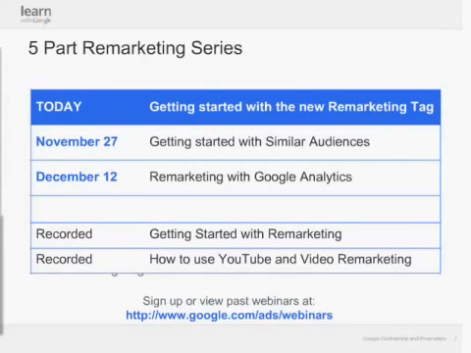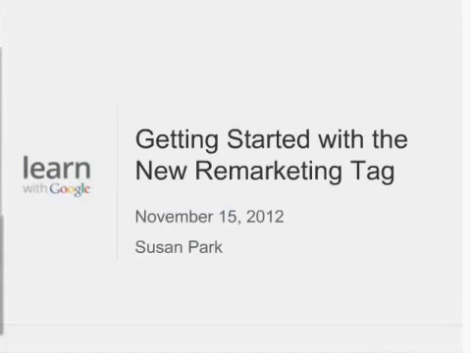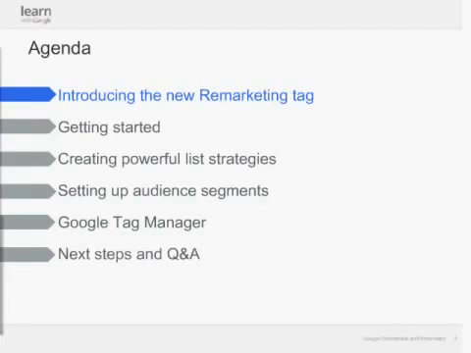Welcome, everyone. I'm really excited to go through a recent launch of ours that launched in July called the new remarketing tag. We're going to go through an introduction of this new tag and what it does, how you can get started using it, what the next steps are to creating powerful list strategies, so how you can actually use the tag to create powerful things.